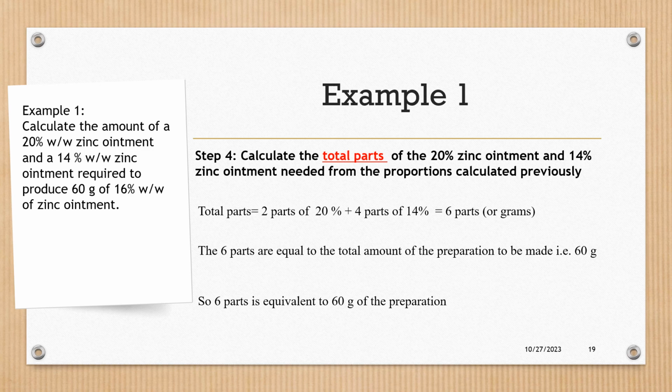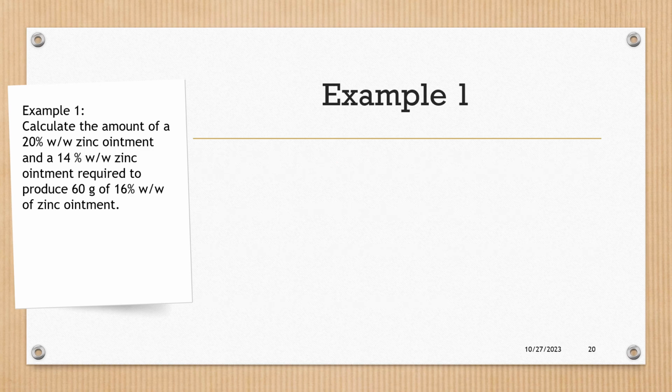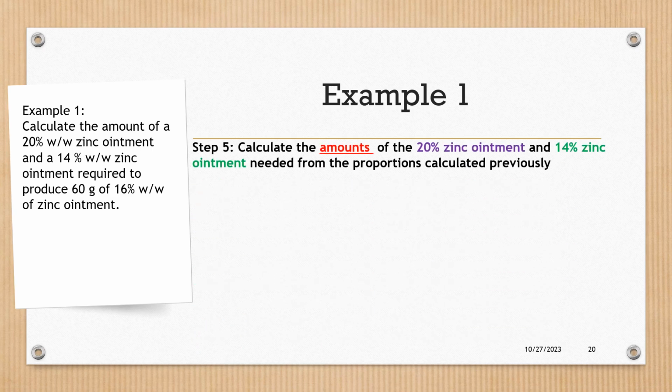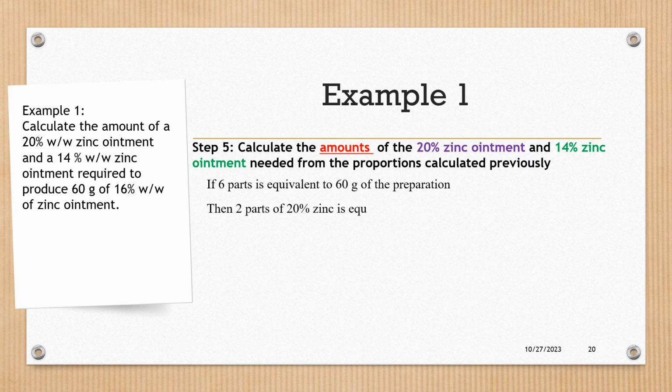So we will use this information now to calculate the amounts of the 20% zinc ointment and the 14% zinc ointment that we need to prepare the product of 16% concentration and final amount of 60 grams. Now, if 6 parts is equivalent to 60 grams of the preparation, so we're talking about the whole here again, how much will we need to add into this product when we look at the 2 parts of 20%?